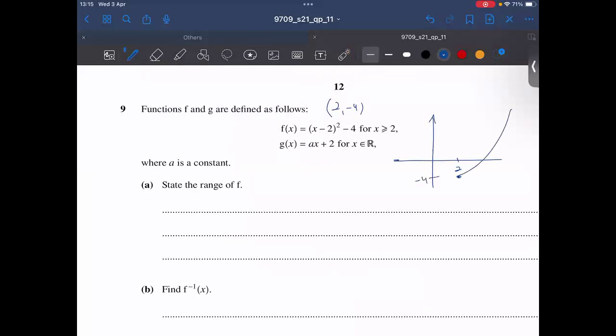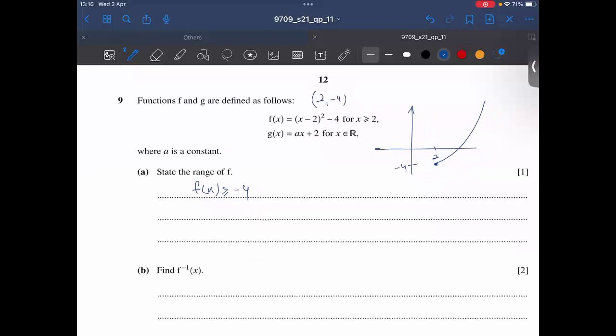And the value of y is minus 4. So you have the values of f(x) defined for this domain that are all greater than or equal to minus 4. Is that clear or not, Ms. Iman? Yes, sir.